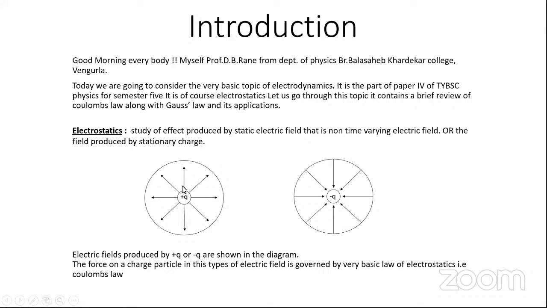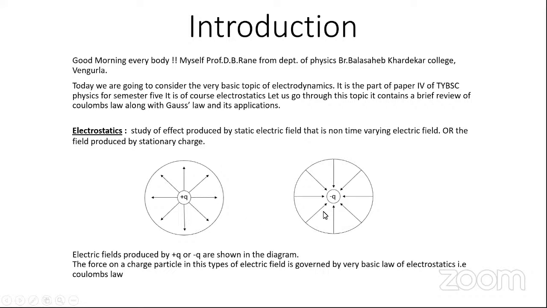So let us start with the first topic, electrostatics, where we have the electric field produced by the stationary charge, plus q, in the vicinity of that particular charge. In this diagram I have shown the electric field produced by the positive charge plus q, and these arrows are the direction of the electric field.